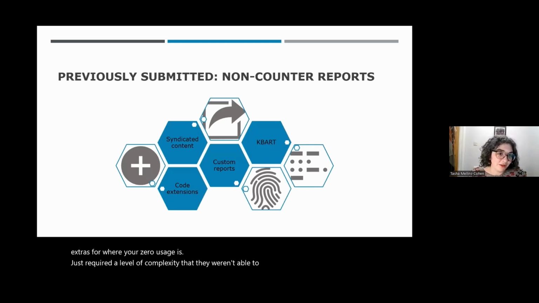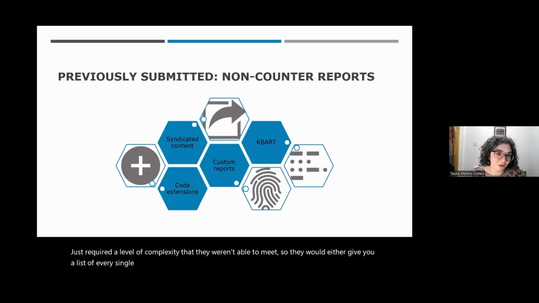So they would either give you a list of every single title and show as zero usage the ones that you hadn't used, or they would leave out zero usage altogether.